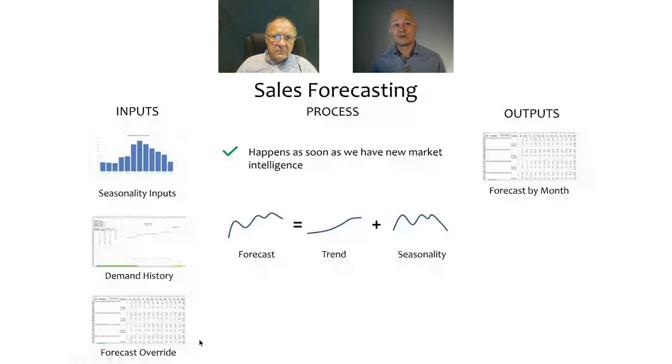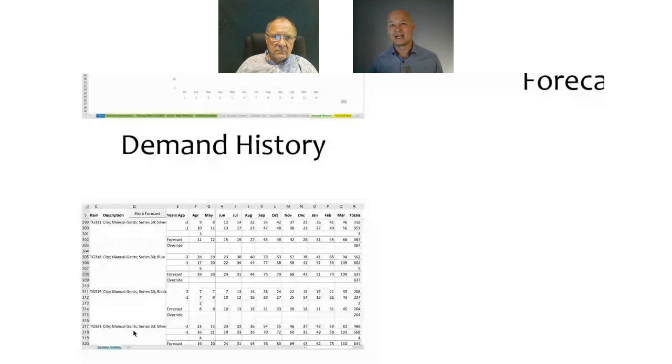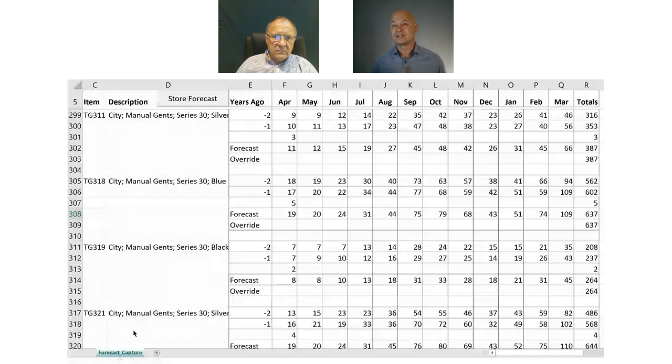But of course, we want to give space for more intelligence, and the knowledge and understanding that sales and everybody else might have about what's happening at the customer end of the market. So here we'd have the forecast being presented, the current forecast, last year and the year before, giving a chance for the people involved in the demand planning and forecasting process to override that and update those numbers accordingly.